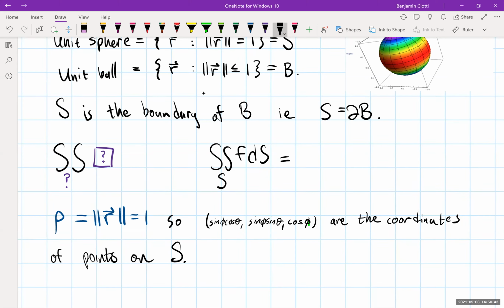Okay, and then yeah, like you said, F is rho squared cos squared, but rho is 1, so it ends up just being cos squared.